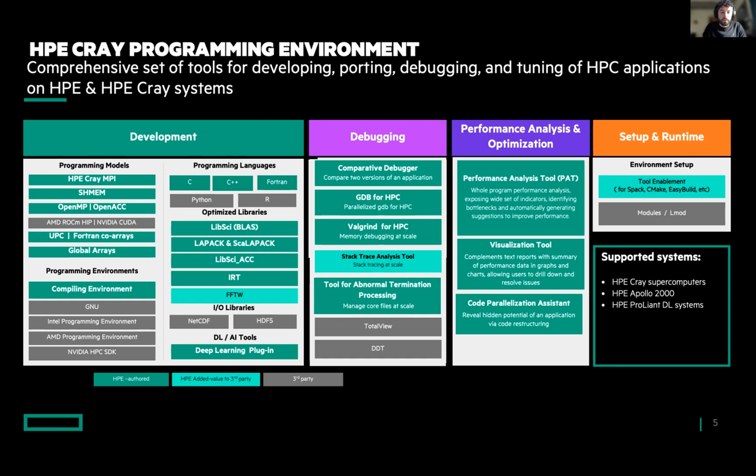They're currently just called visualization tool and code parallelization assistant. And then, of course, your environment setup and runtime, so enablement for different build tools, et cetera, and so these are all supported across our supercomputing lines. That includes HPE Cray supercomputers, but also Apollo 2000s and ProLiant systems.